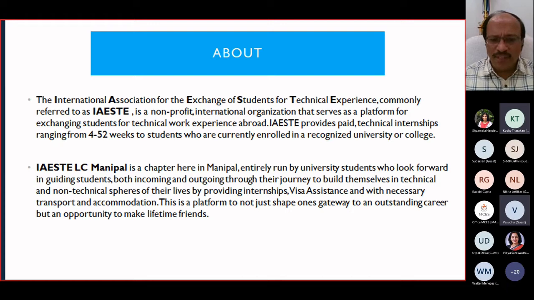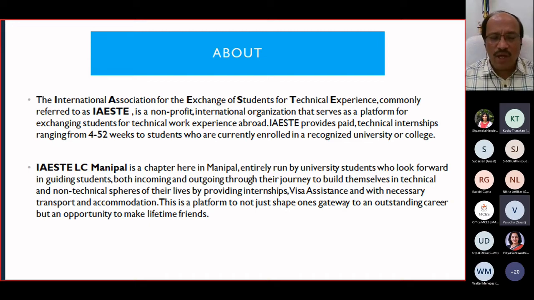ISTA LC Manipal is a chapter in Manipal, which is entirely run by university students who look forward to guiding students, incoming as well as outgoing, and they build themselves in the technical and non-technical spheres of their lives by providing internships, visa assistance, and necessary transport and accommodation. This is a platform to not just shape one's gateway to an outstanding career, but an opportunity to make lifetime friends.